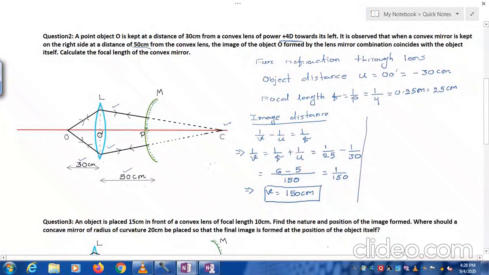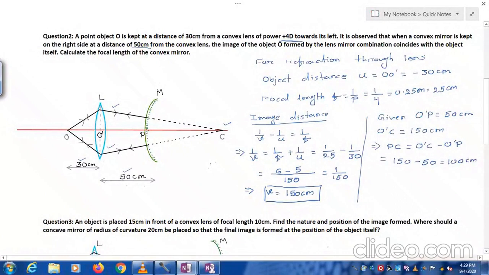So it is given O dash P is equal to 50 centimeter. Also we have calculated that O dash C, that is the image distance for the lens, is equal to 150 centimeter. So this implies PC is equal to O dash C minus O dash P. So this is equal to 150 minus 50, that is equal to 100 centimeter.